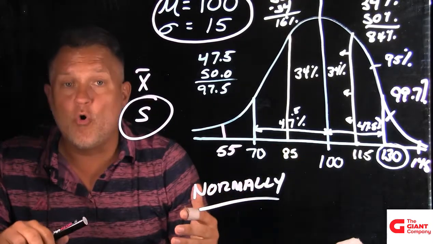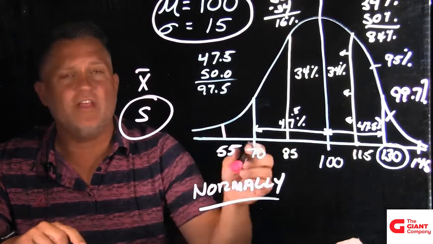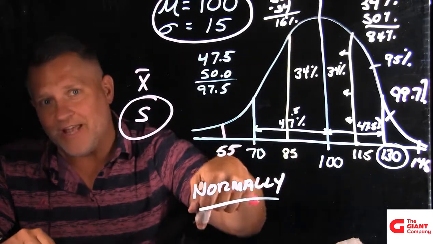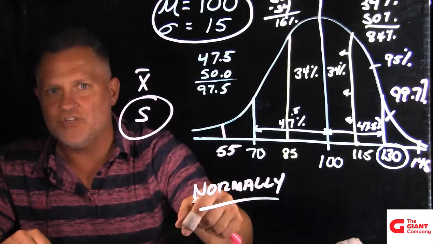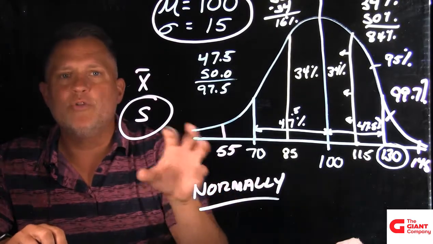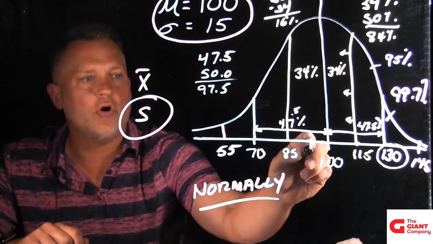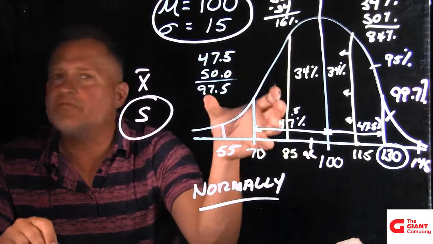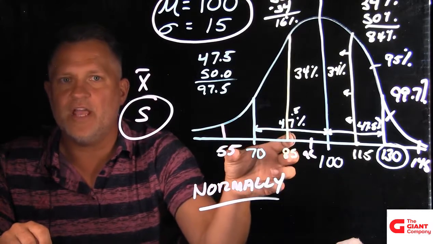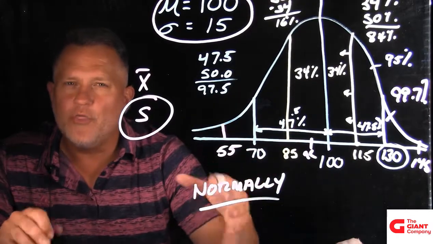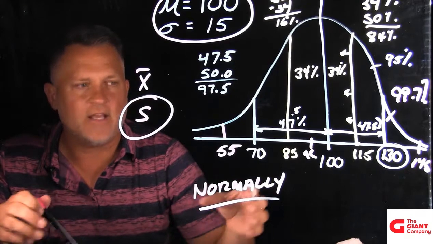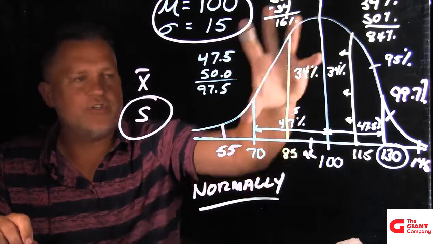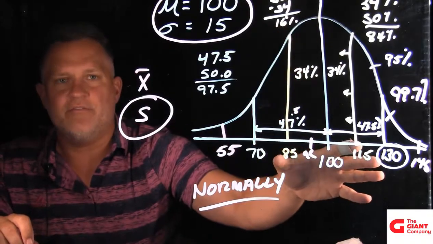Now, as we move forward, we're going to find out not everything falls in the neat little box of 1 standard deviation, 2 standard deviations, 3 standard deviations on the nose. It's going to be a little different. We might score a 92 on the IQ test, and it doesn't fall into that neat box. We have to use some other mechanics to understand the proportion on either side of that.